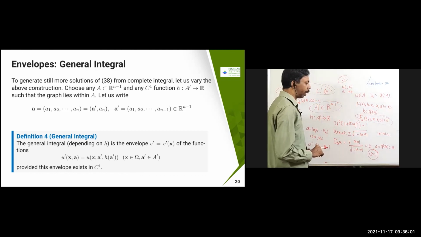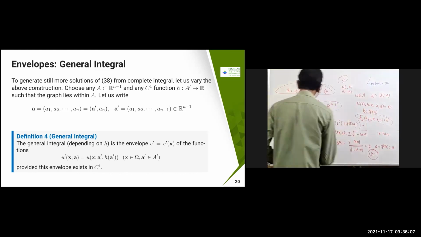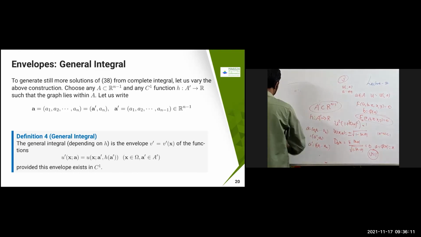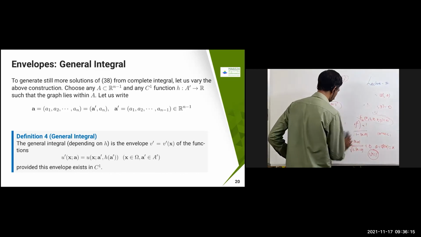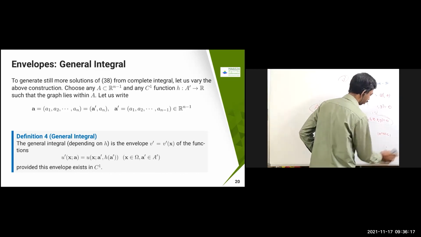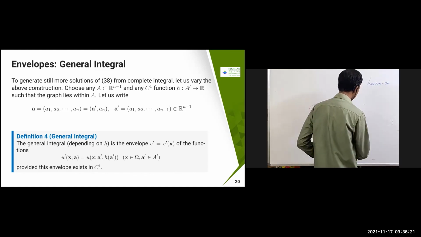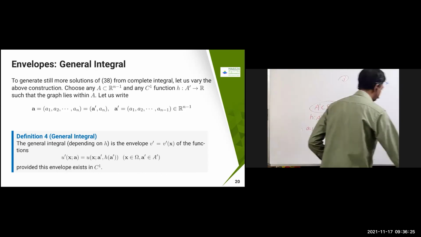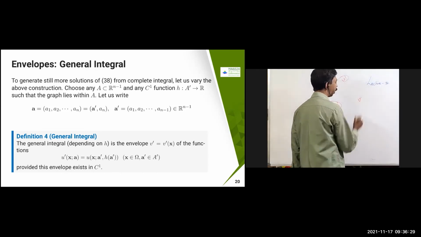The general integral is the envelope, V dash equal to v of x, and that is going to satisfy this. Depending on this envelope, you are going to have a V dash.